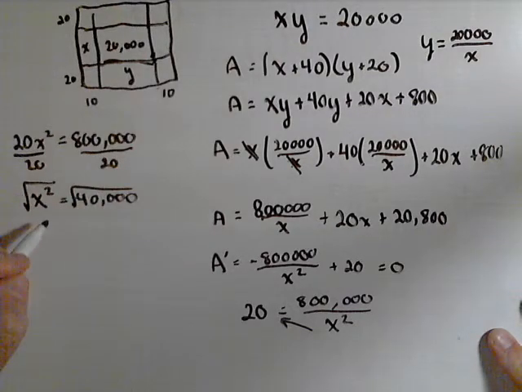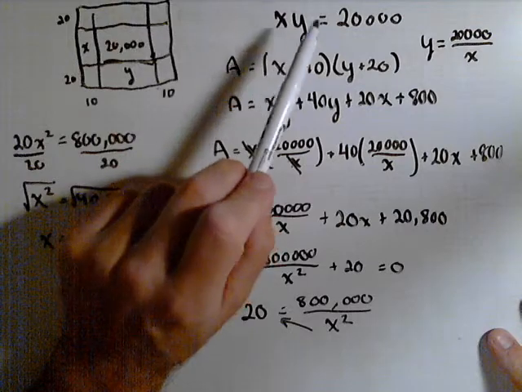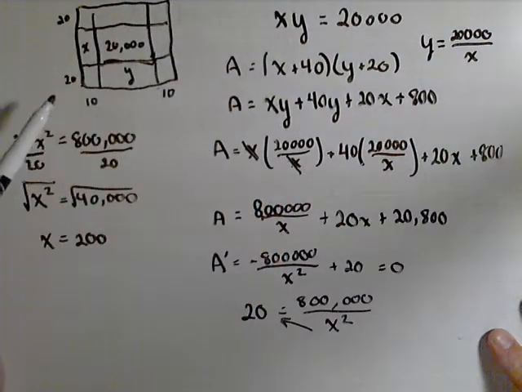Square root both sides, I've got a critical point at x equals 200. So that's my only critical point. So the only other thing we need to check are the endpoints. So x has to be between 0 and 20,000, because otherwise we won't have any kind of rectangle.